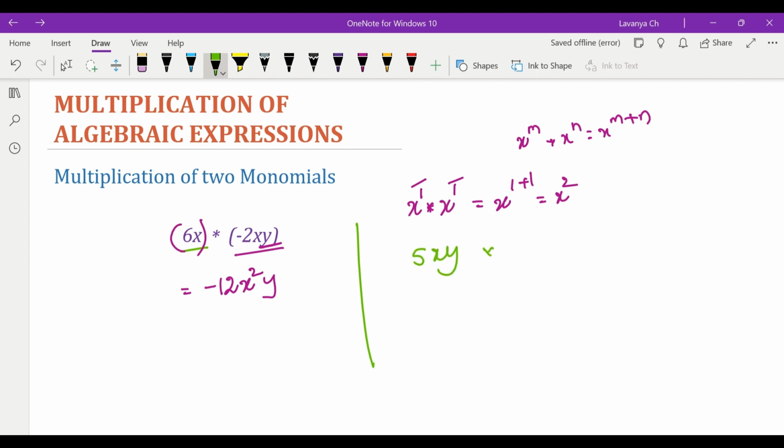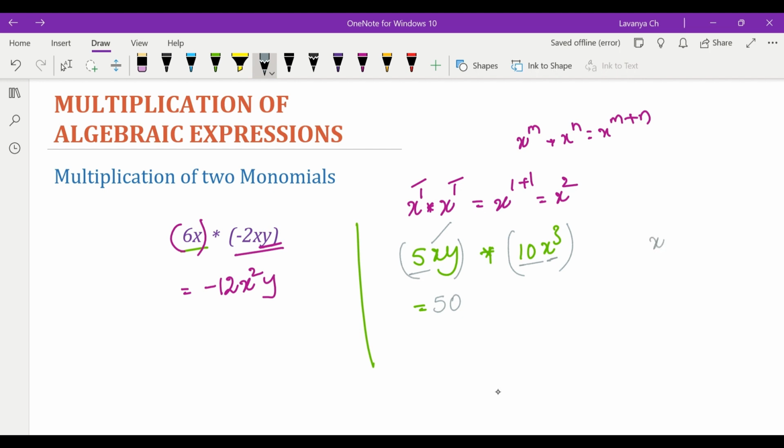5xy into 10x cube. For this, first thing is to multiply the numerical quotients. We have 5 and 10. 5 into 10 is 50. And the next thing is x. X from the first monomial should be multiplied with x cube from the second monomial.